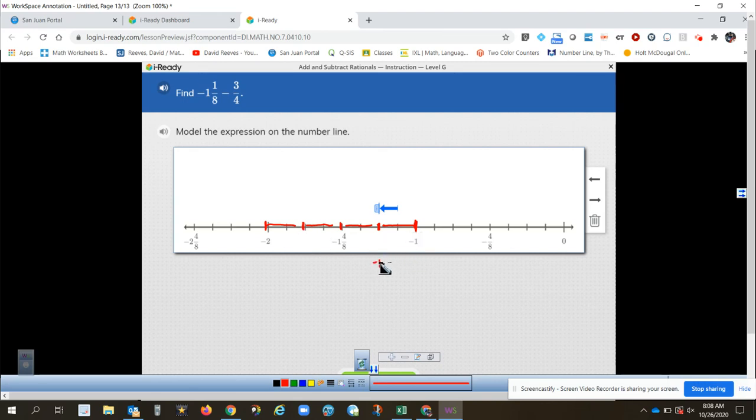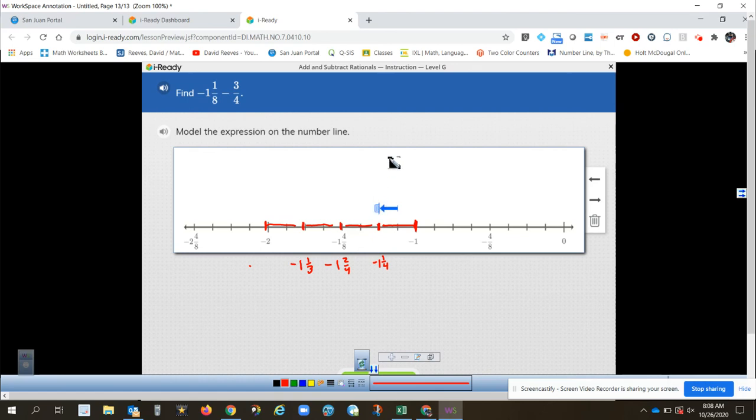This is -1 and 1/4. This one is -1 and 2/4. And this one right here is -1 and 3/4. This one right here, of course, would be -1 and 4/4, which is the same as -2. All right. So then they want me to go 3/4 more to the left.